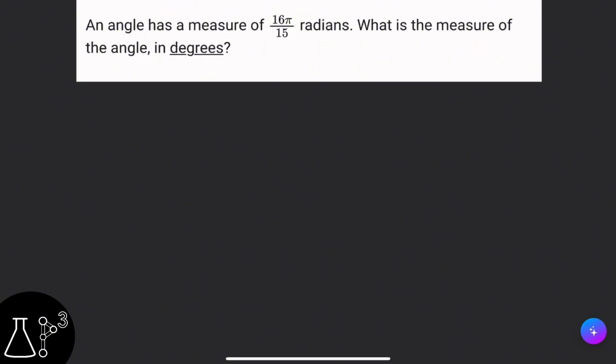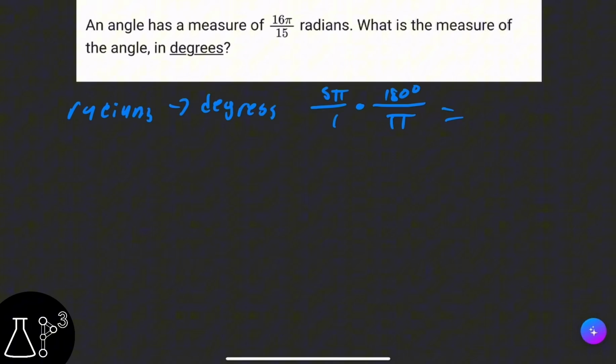Now, you might be asking, how can we convert radians into degrees and degrees to radians? Well, you can using this formula. If you want to convert radians to degrees, we pick anything, let's say 5 pi divided by 1, multiplied by 180 degrees divided by pi, and that gives you 5 multiplied by 180 degrees.